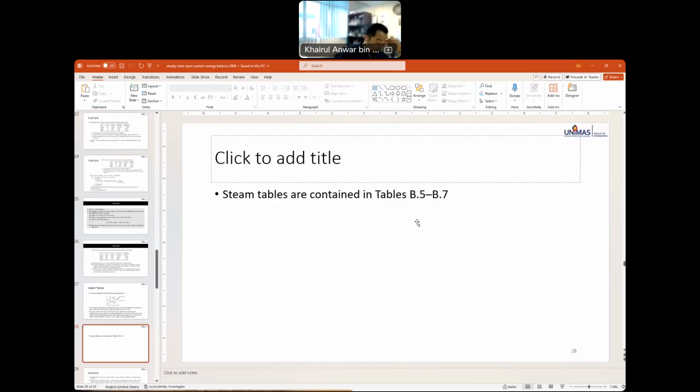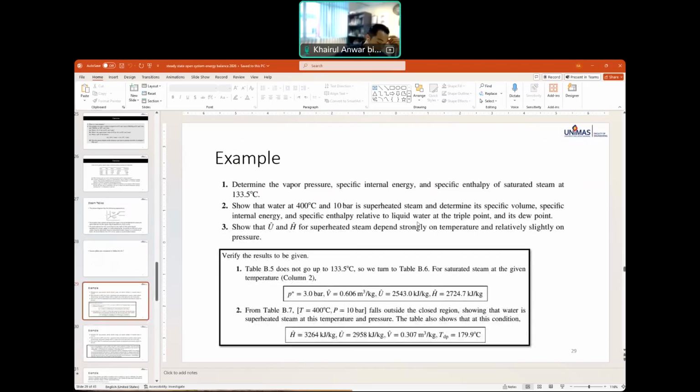Page 642. So for table B5, it's regulated as temperature, but it's limited to 100 degrees C, 102 degrees C. Table B6, yes, pressure.